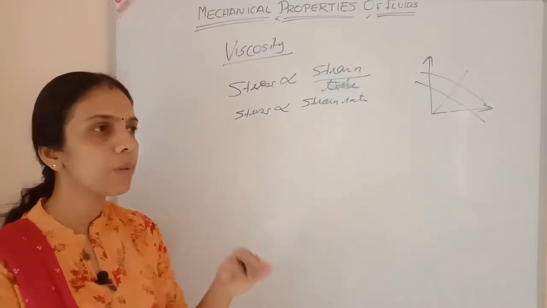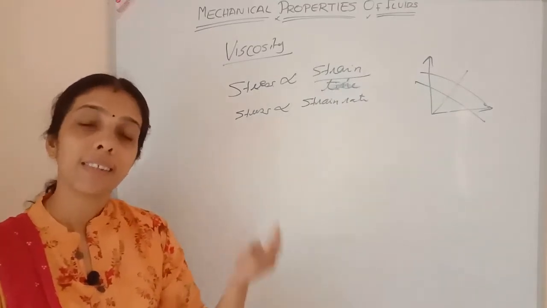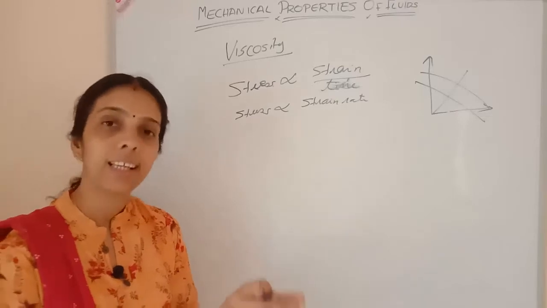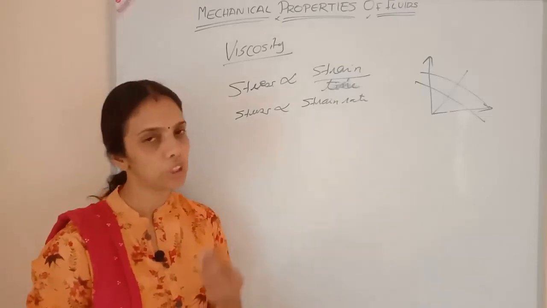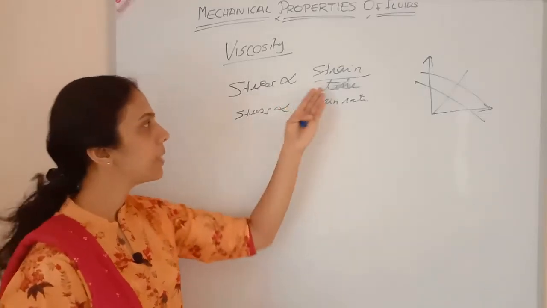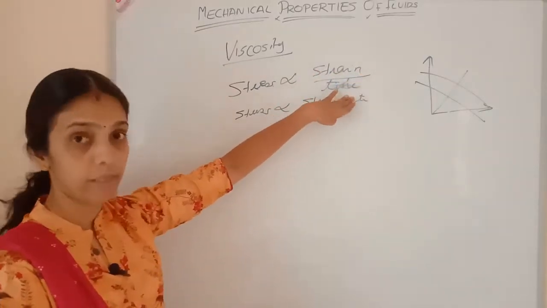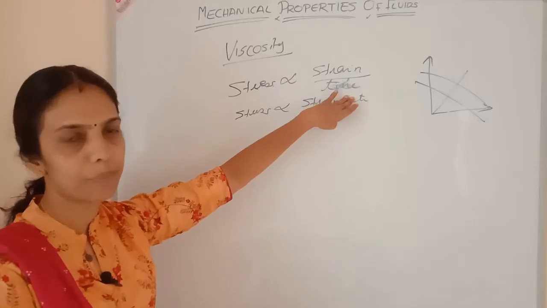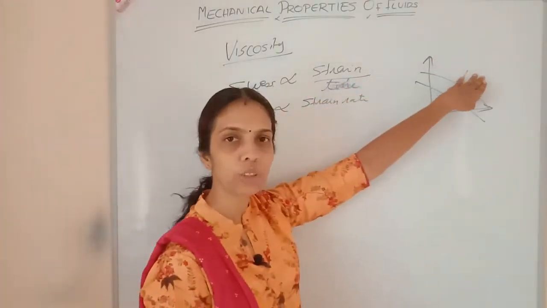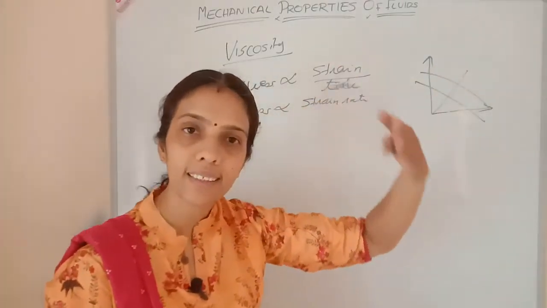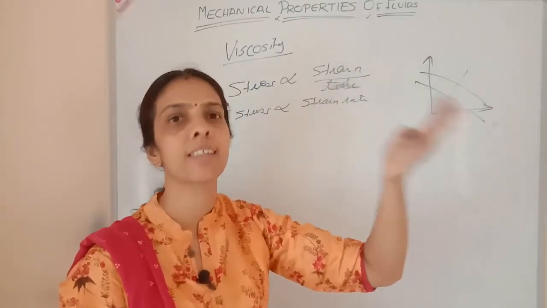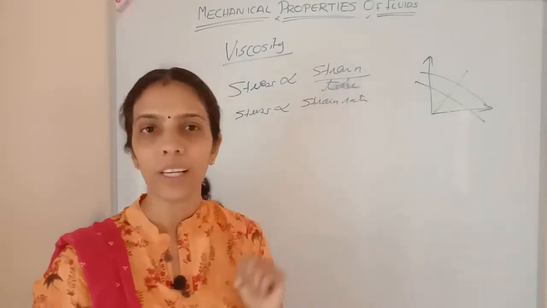Stress means force acting per unit area. Strain is the change in dimension to the original dimension. Here, we should consider it with respect to time. Stress is proportional to strain, that means as stress increases, strain also will increase. As stress decreases, strain also will decrease.